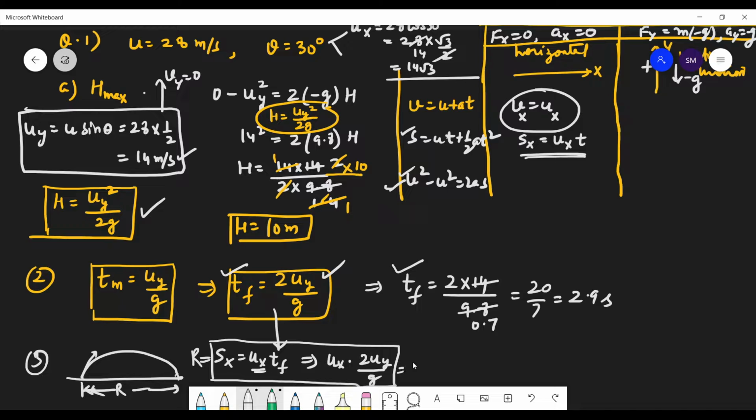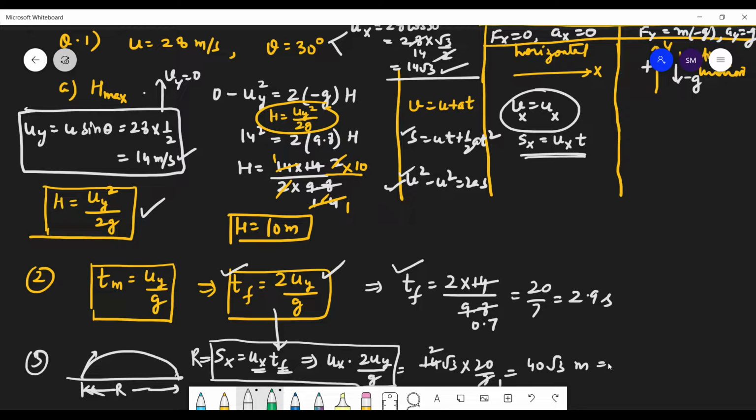So here, Ux you have calculated, that is 14 root 3, isn't it? You have calculated 14 root 3 into 2 into, no need to write even, we know the value of 2Uy by g, that is the time of the flight. Time of the flight we know is 2.9 seconds, or 20 by 7. So 7 times 2, that's 40 root 3 meters.